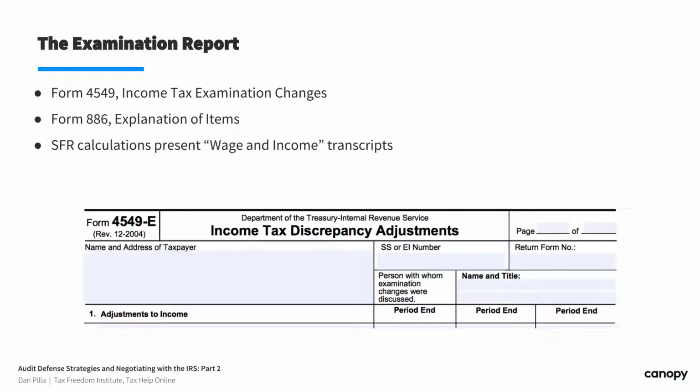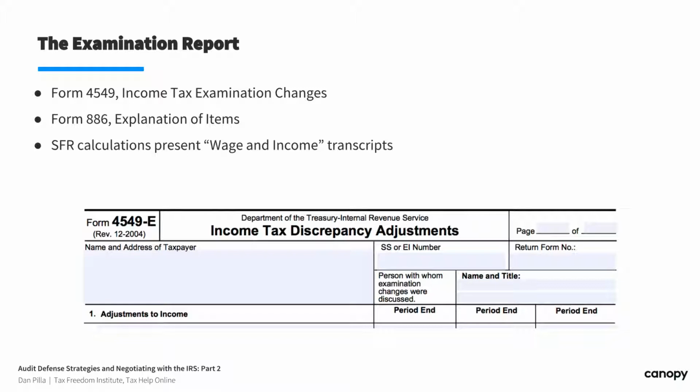And the other thing, of course, is that in SFR calculations, the IRS never, and I mean never, takes into account the deductions of the taxpayer. And remember, the burden of proof is on the taxpayer, so they don't have to take them into consideration unless you provide specific evidence of these various deductions: mortgage interest, charitable contributions, business expenses, whatever it may be.